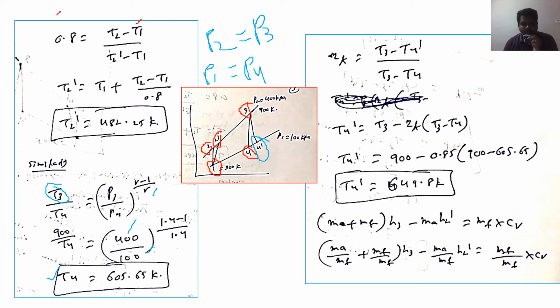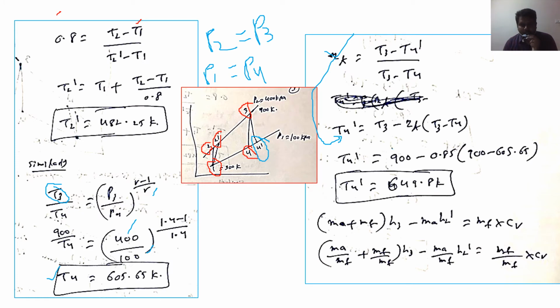To find that, as we know, efficiency of the turbine equals (T3 minus T4 dash) divided by (T3 minus T4). So from this we can write T4 dash equals T3 minus efficiency of the turbine into (T3 minus T4).